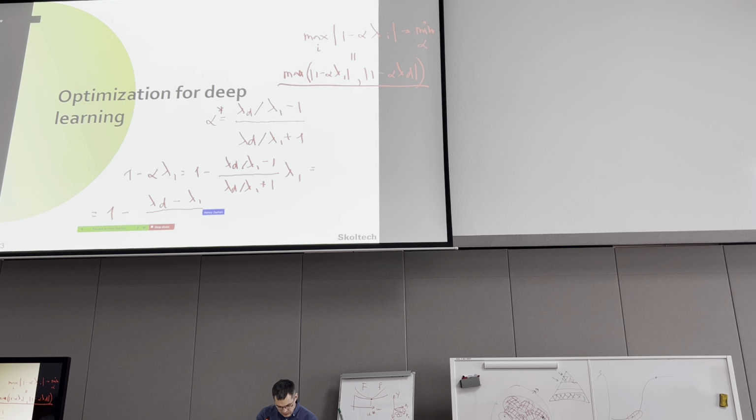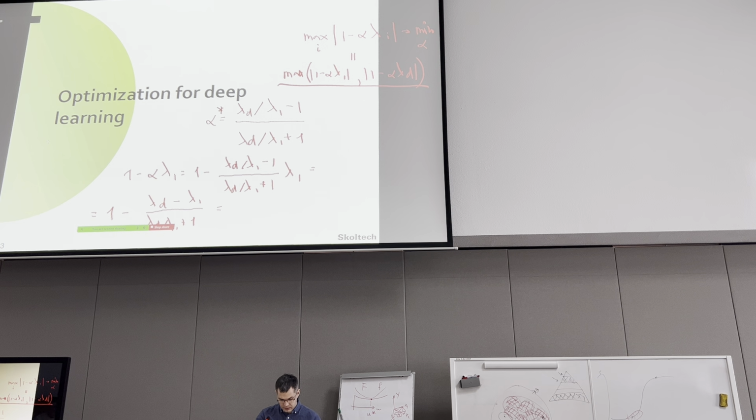We multiply the denominator by lambda 1, and in the bottom this is right here, and we can actually see what is going on and how we can describe the convergence ratio. You can see that it would be the same if we would subtract from 1 alpha times lambda d, but with the opposite side.